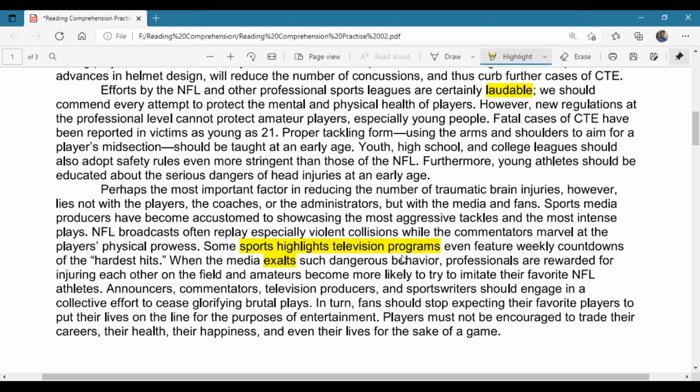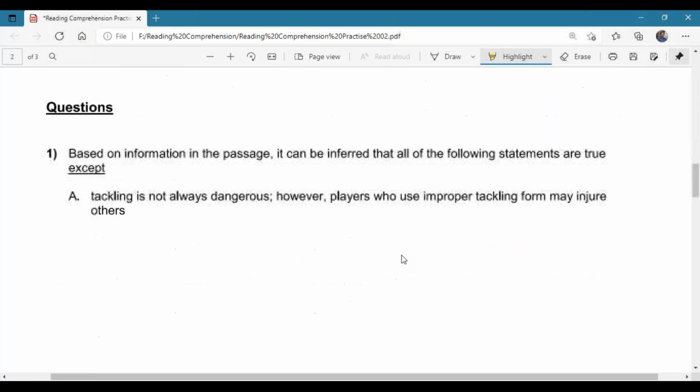Try to understand the last paragraph. Okay. Going back to the question.